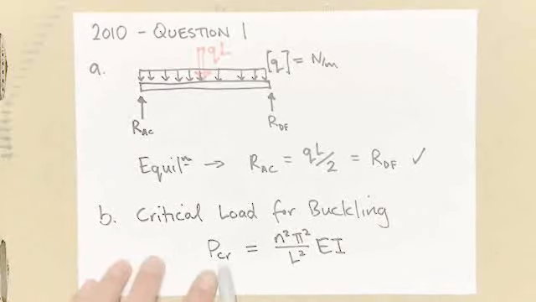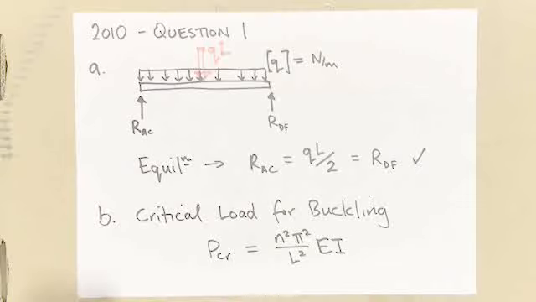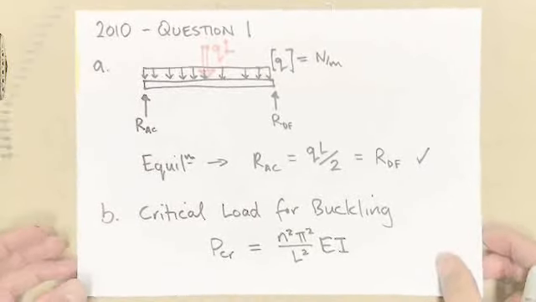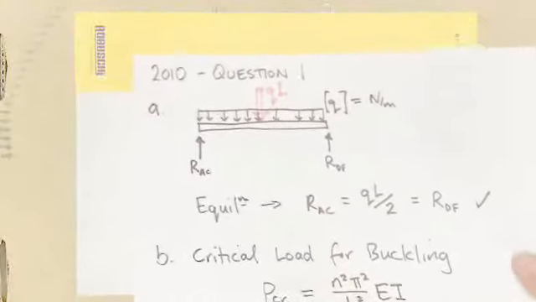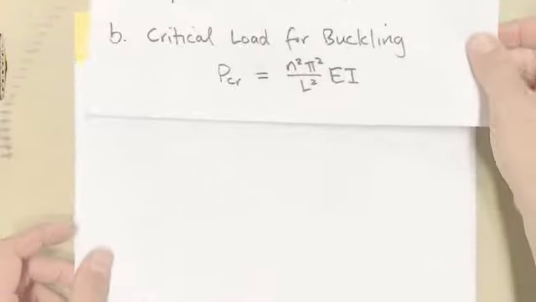Now in our case, we know what the load is. It's this, so we just substitute that in there, and we'll get our critical buckling load in terms of Q, because that's the only applied load into this system. I think we'll leave that there.